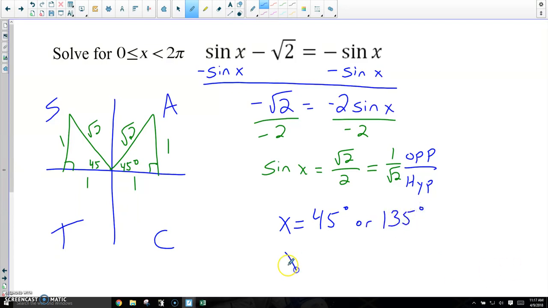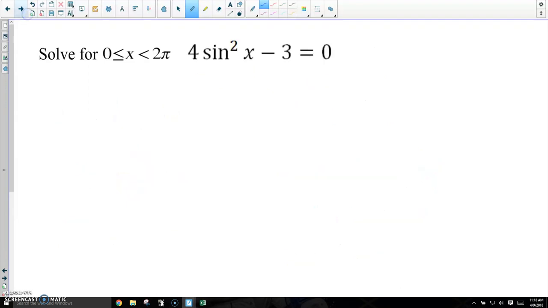In radians, that is pi over 4 or 3 pi over 4. Question 3. Solve for x. You should be able to do 2 steps in one, so we would get the sine squared of x is equal to 3/4.